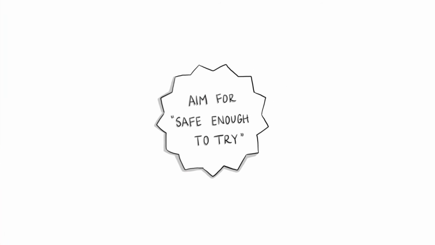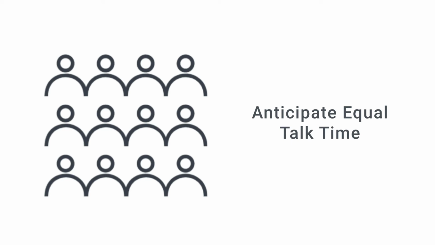After the individual has presented the proposal, the facilitator will aim for safe enough to try, not consensus. There will be time and space for individuals within that meeting to ask clarifying questions and to provide reactions prior to making that decision. At Education Elements, we always advise that the facilitator anticipate equal talk time for this portion of the governance structure.